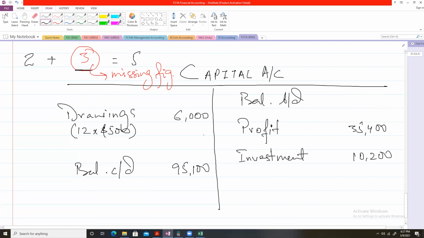We know that the total of the debit side is equal to the total of the credit side.